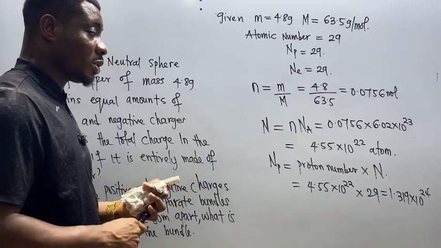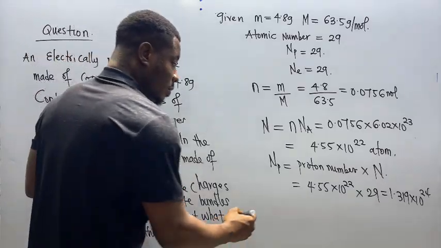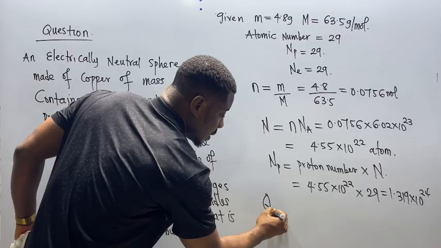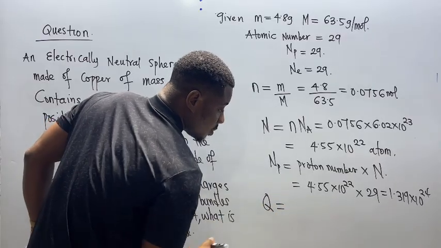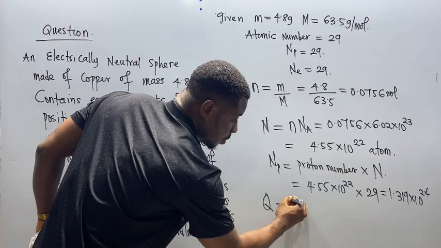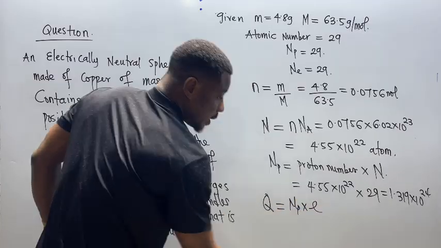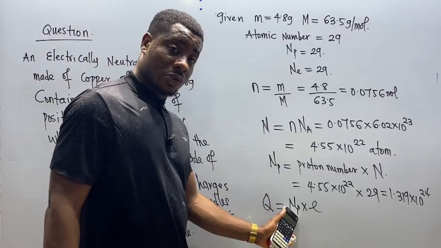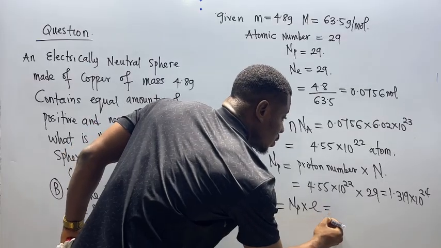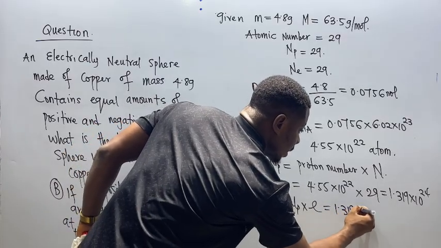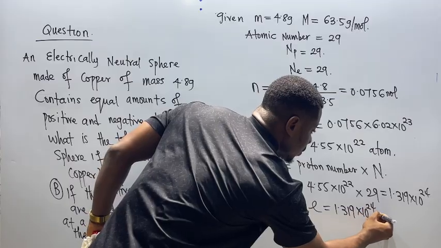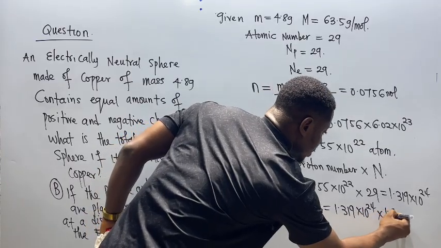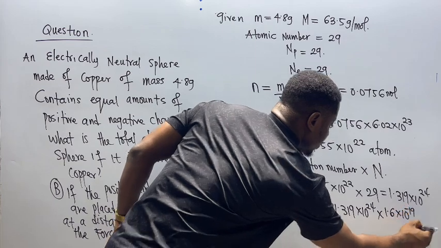Now, since the number of protons equals the number of electrons, the total charge in the system becomes the number of protons multiplied by e. Remember, this could become the number of electrons too. So it becomes 1.319 times 10 to the power 24 times 1.6 times 10 to the power minus 19.